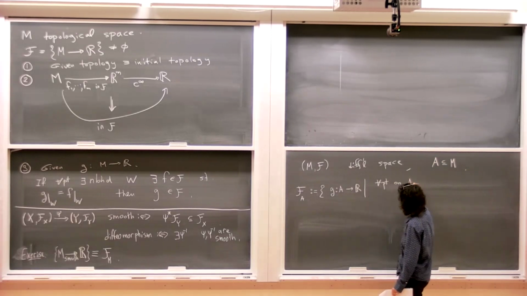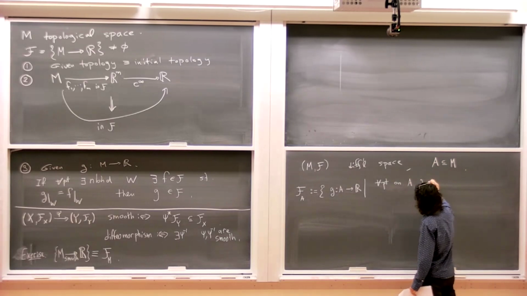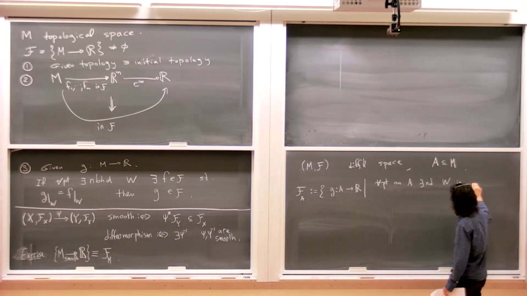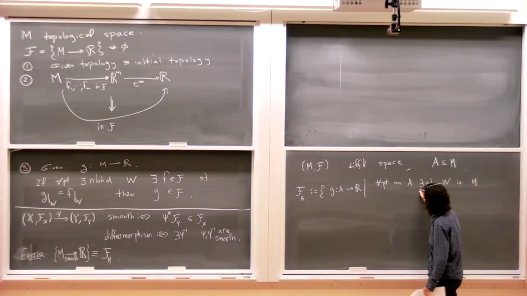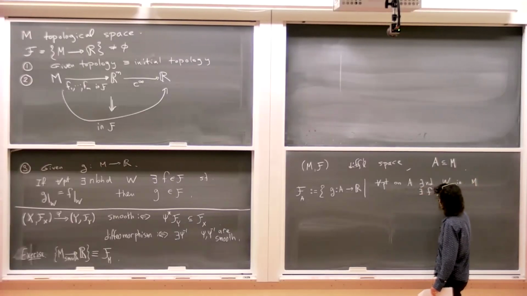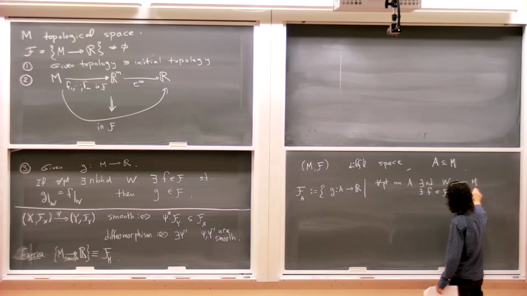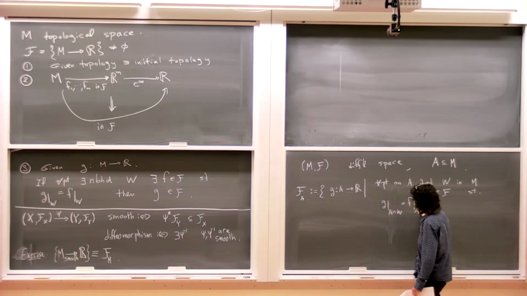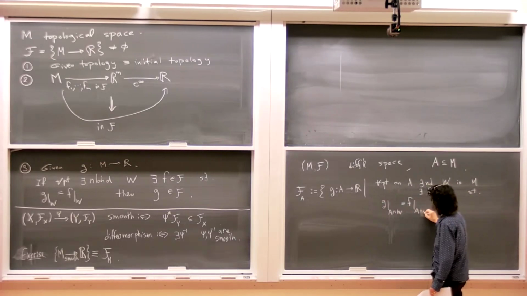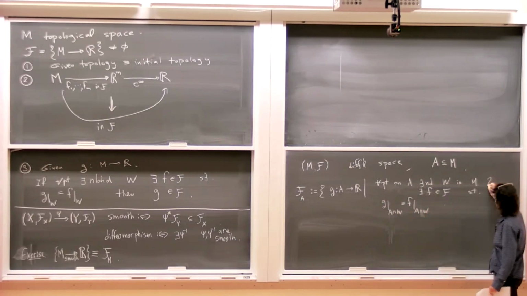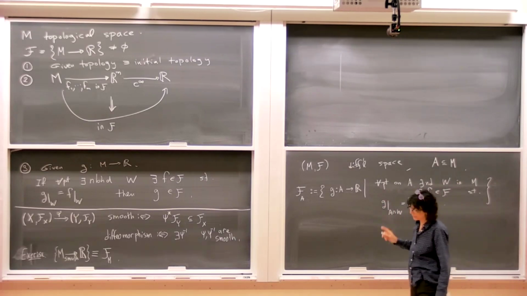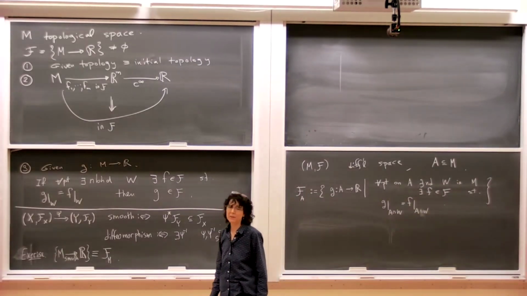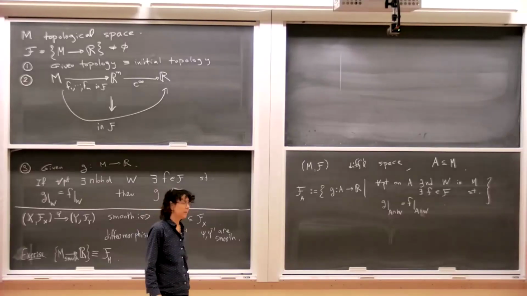So for each point on the subspace, there exists a neighborhood W in the ambient space, and there exists a function in the ambient differential structure that coincides with our given function on the intersection of the subspace with the open set. And the initial topology does coincide with the subspace topology in this case.